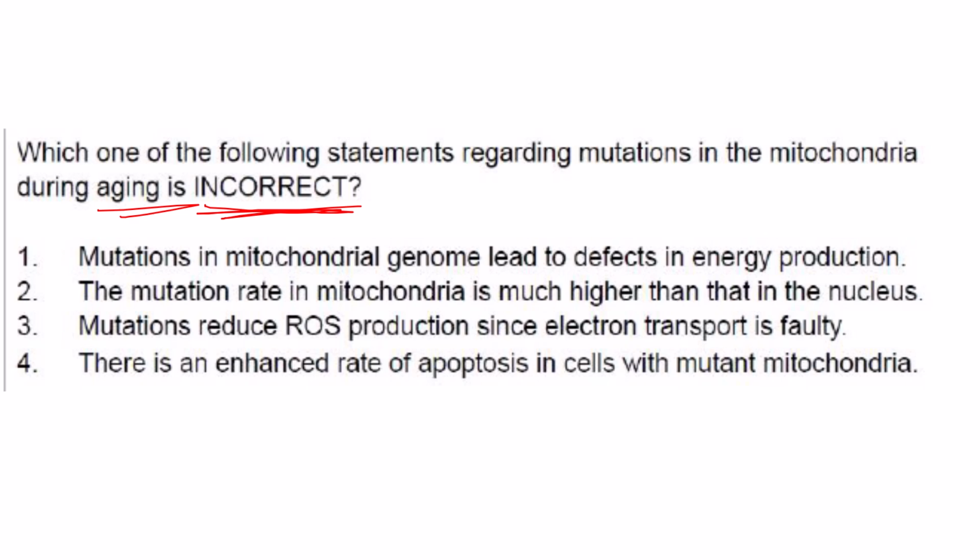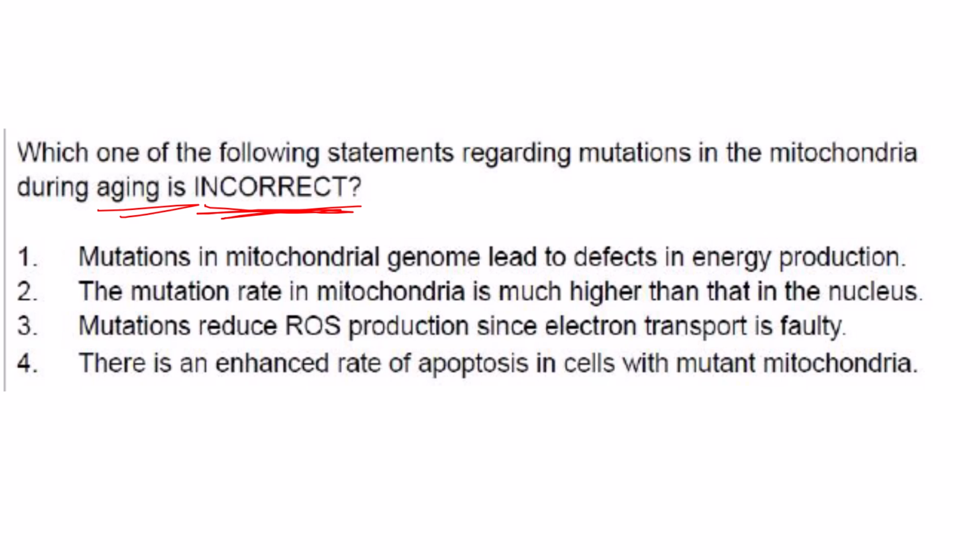So when the electrons move through the electron transport chain, there is a tendency that some electrons will leak out of the chain and interact with oxygen, producing superoxide, which is a reactive oxygen species. Okay, so this can result in the production of reactive oxygen species, which can again increase the mutation rate in mitochondria. So 2 is also correct.